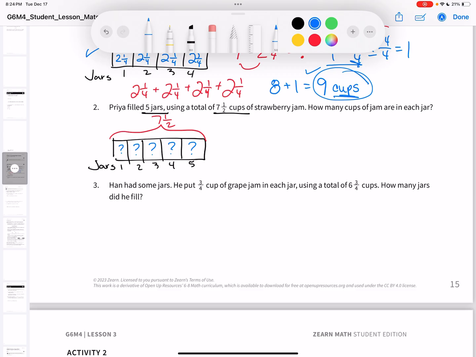So basically what it's asking is, we know we have 5 jars, and we're going to multiply it by what goes in each jar, but we don't know what it is. So we're going to multiply it by the question mark, and that, whatever it is, should equal 7 1/2. Well, multiplication and division problems, in like 2nd, 3rd grade, you learned about fact families. So let me just give you a rundown of fact families.